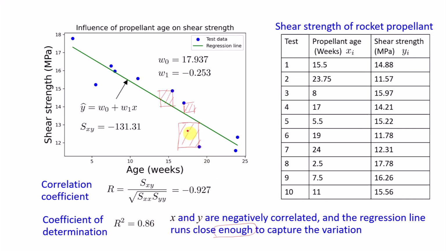So now we have some idea about the regression of this particular data set. If we want to know what will happen to the propellant shear strength at 10 weeks of age, then we can simply come to 10 and check the corresponding data point from this line, and that will give us the least squares estimation of propellant shear strength at the age of 10 weeks.